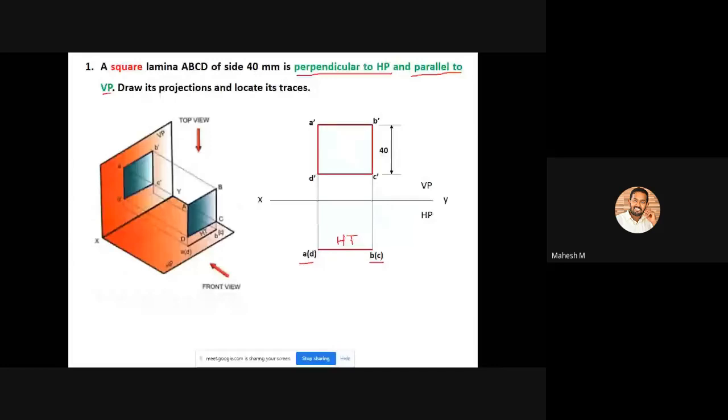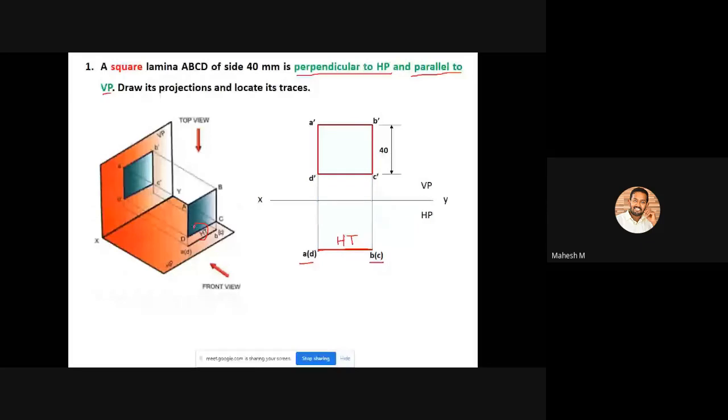What are traces? The projection from the front view and top view, where they meet, that will be our traces. So the projection from the top view is meeting directly here, so you can directly mark HT on the top view. That is what is mentioned here, it is HT.